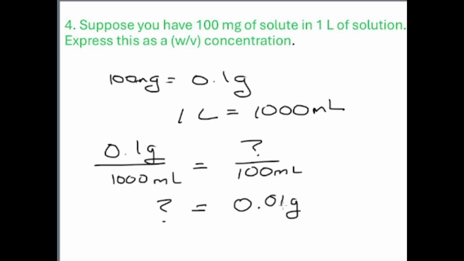So if we have 0.01 grams out of 100 mils, that means that we have a 0.01% solution. Because remember, we're always remembering, what does a percent solution really mean? So we have here 0.01 grams out of 100 mils. That makes it a 0.01% solution.